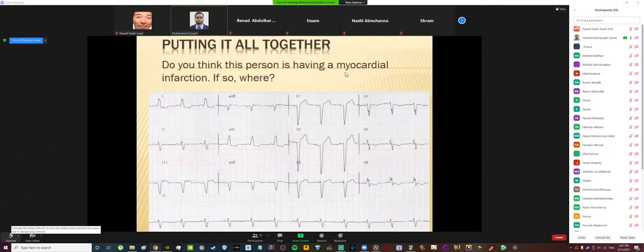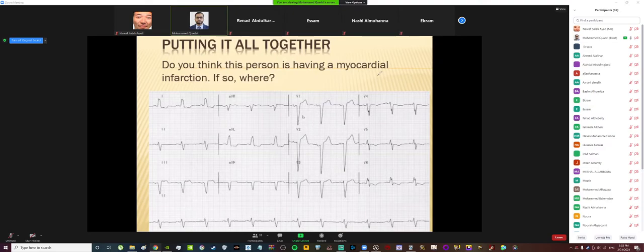Okay, this we have seen. Come on, all of you. You have to work now. Tell me in which leads you are seeing the ST segment elevation? V1 and V2. Anywhere else?